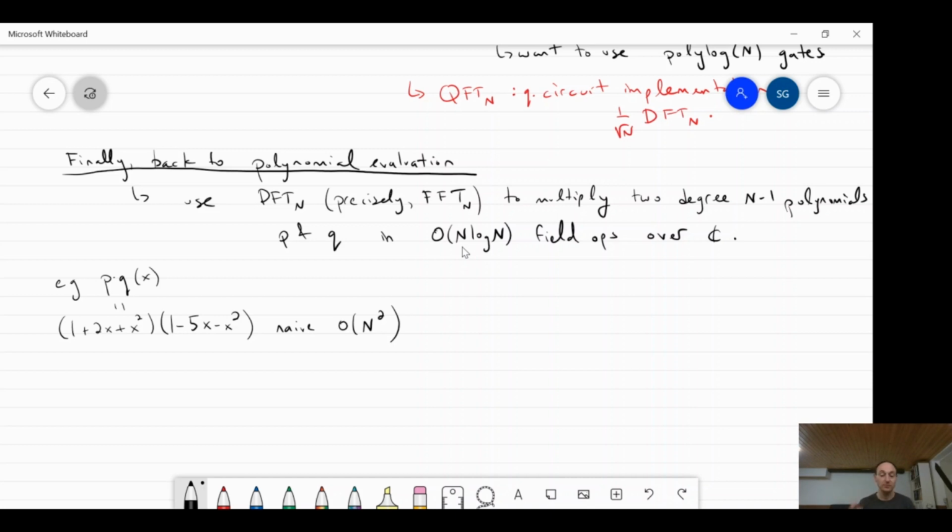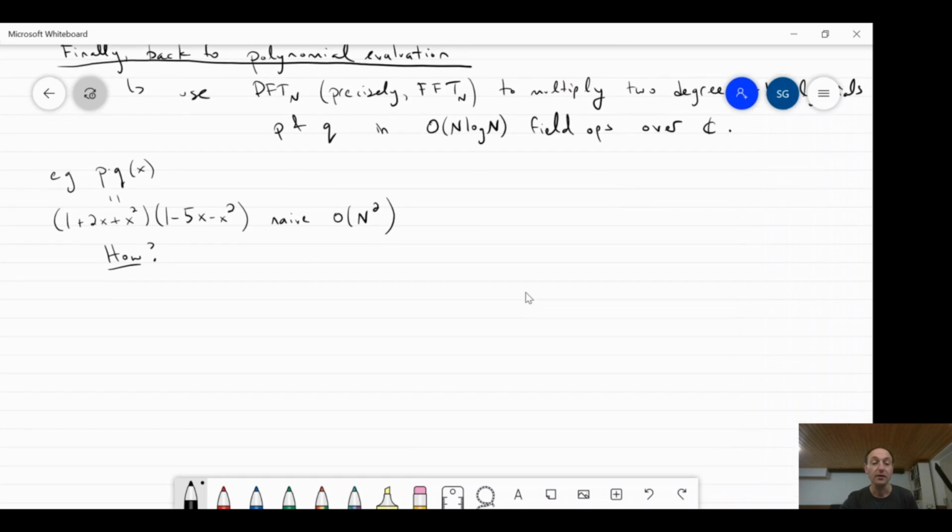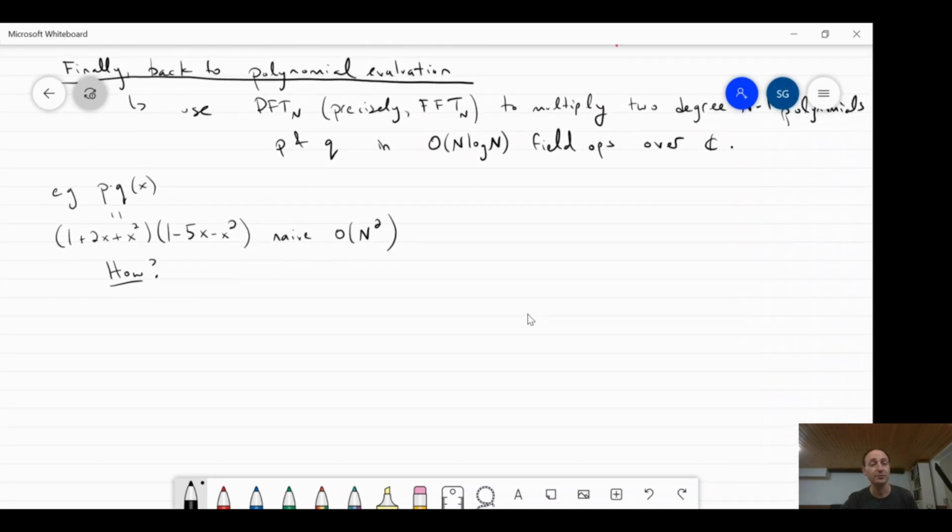So how do you do it? I'm not going to spend a lot of time on this because this is a quantum lecture, but this is an exercise in the notes. The way you do it is basically what we sketched earlier, which is that you use the fact that multiplying by the DFT matrix, or by any Vandermonde matrix, allows you to evaluate a polynomial at the points in that matrix.